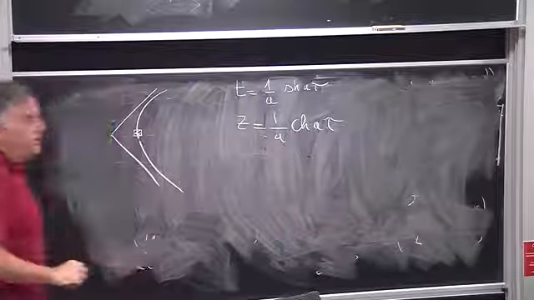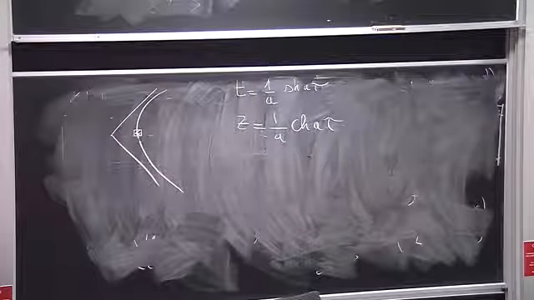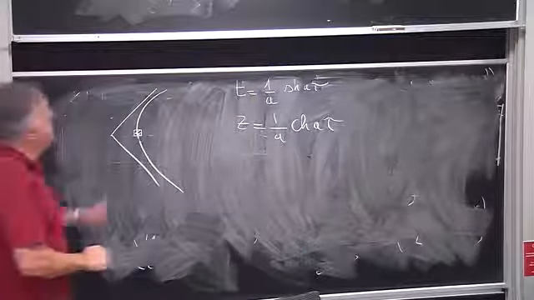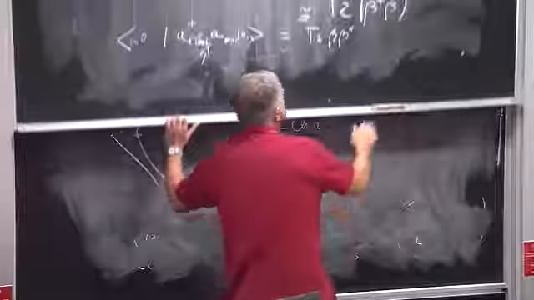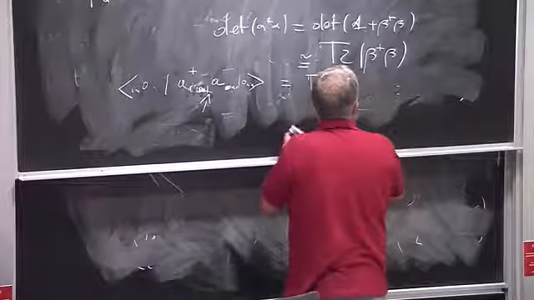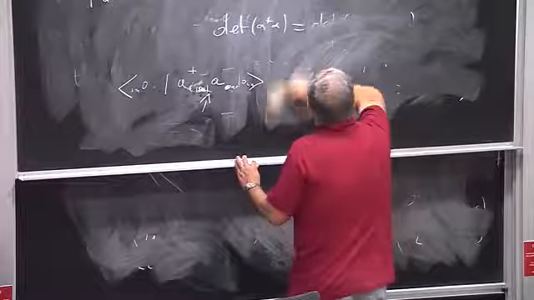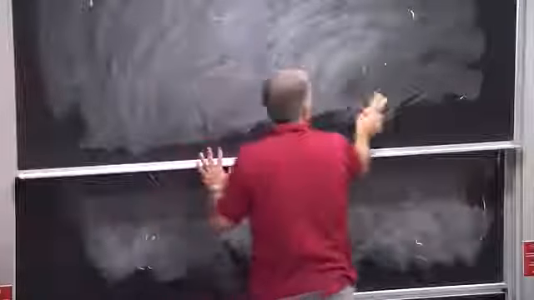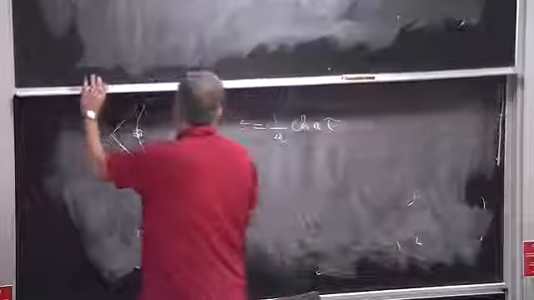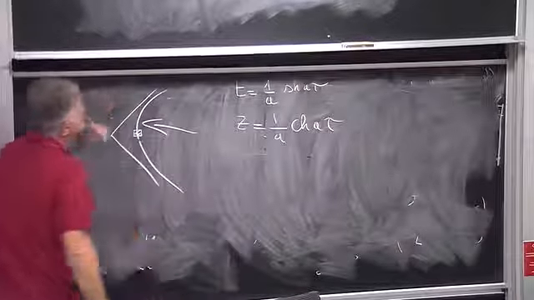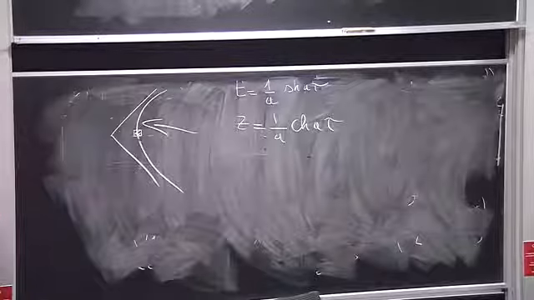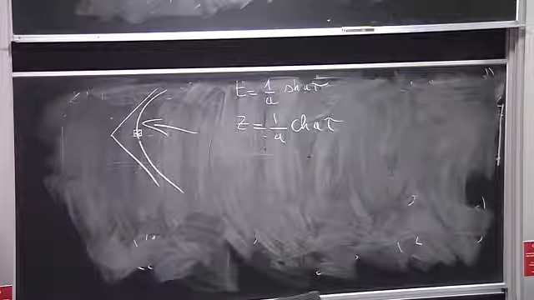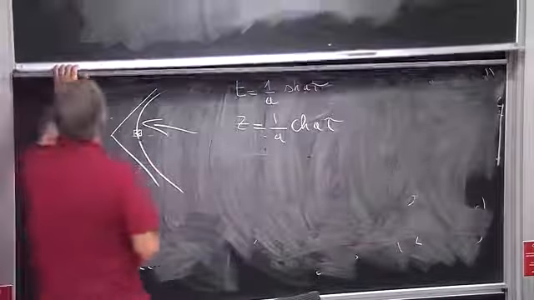This was the parametrization of the accelerating trajectory. Okay. So Rindler's idea was to study the geometry of this region, which is called a wedge, by extending this coordinate system to the whole wedge.